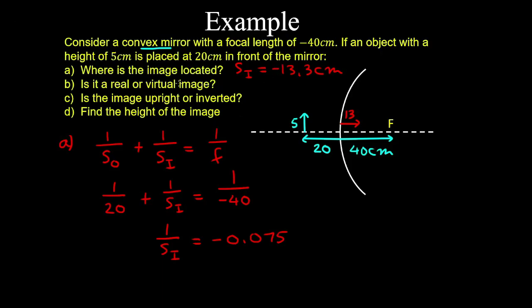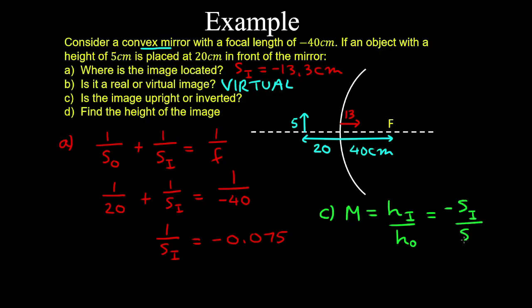Now is it a real or virtual image? Well, given the image is behind the mirror, then it's a virtual image. Now is the image upright or inverted? Well, remember the magnification equation was equal to the height of the image on the height of the object, which was equal to the negative of the distance to the image on the distance to the object.